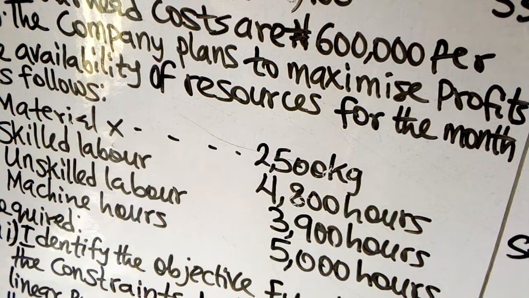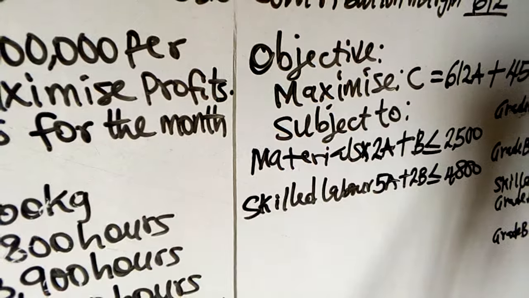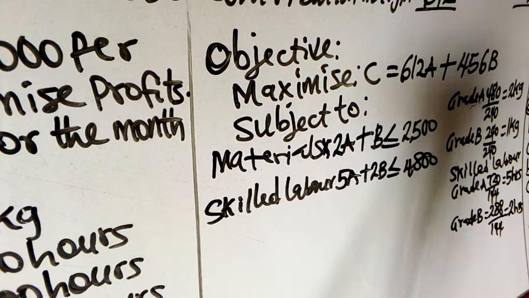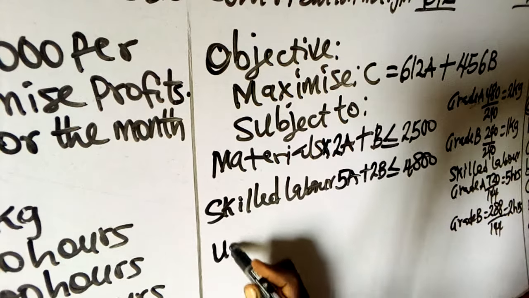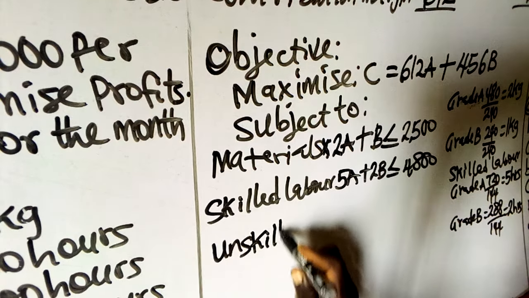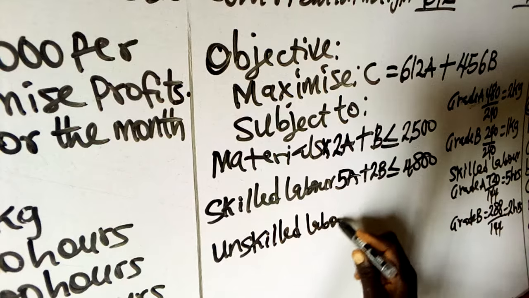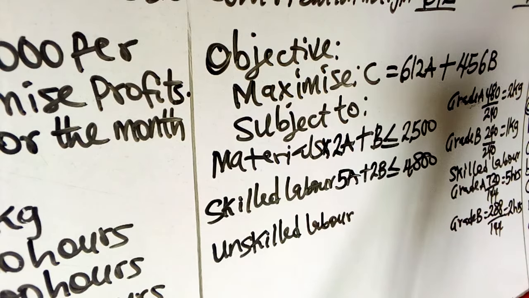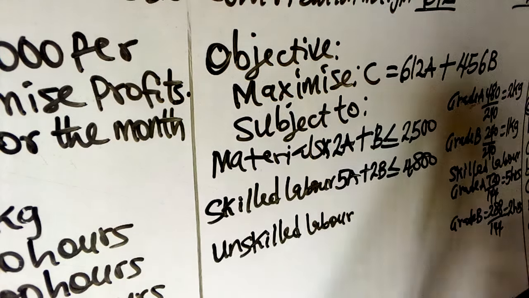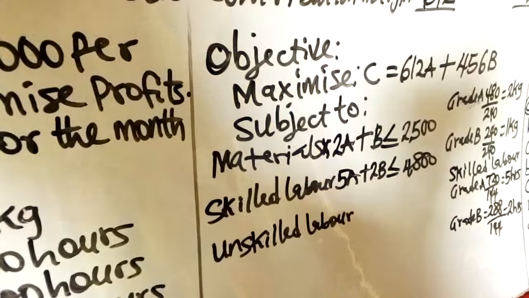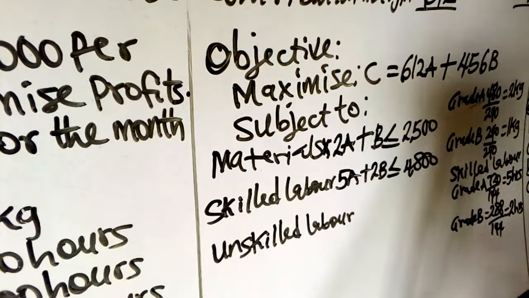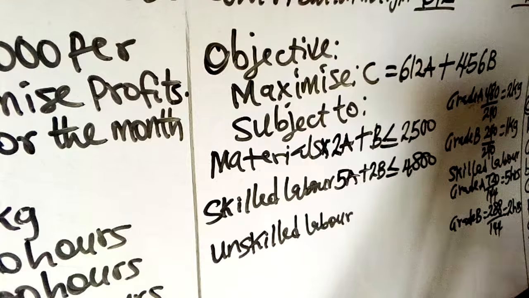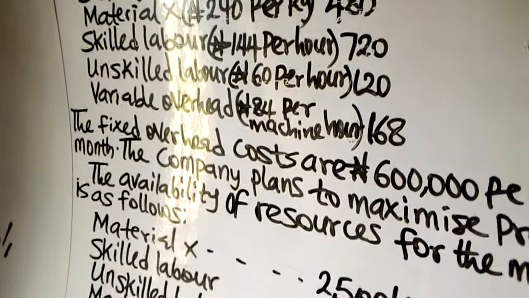You are given the maximum hours of unskilled labor to be 3,900. Let's go back to the cost structure.